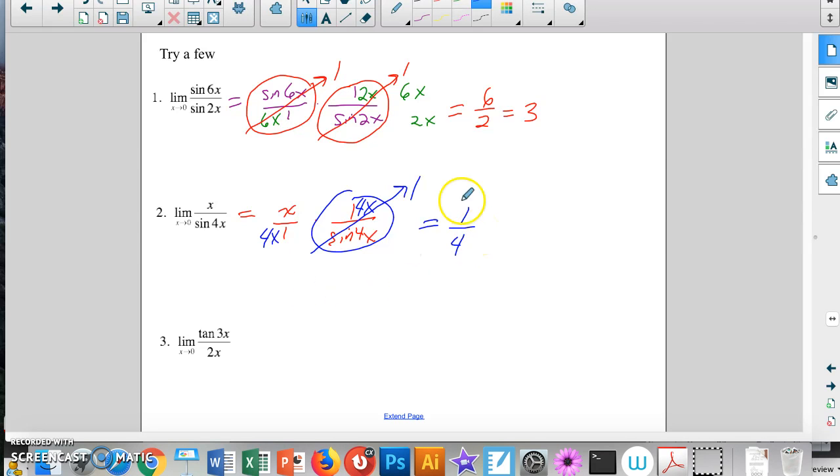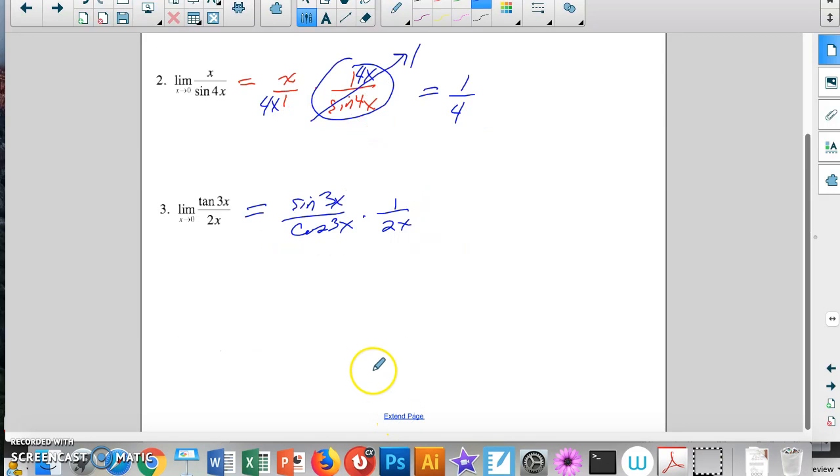Okay. So last one. Let's see what we got here. So we have tangent of 3x. What I'm going to do is write tangent as the same as saying sine of 3x over cosine of 3x. Okay, and that's all divided by 2x. So that's the same as saying 1 over 2x.